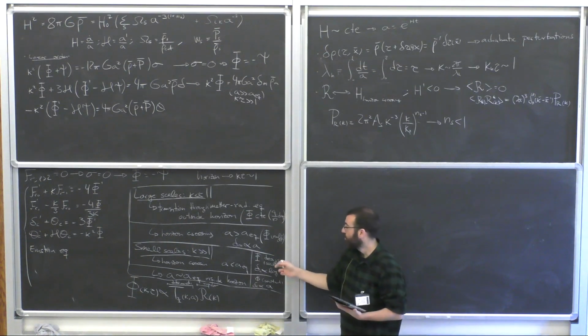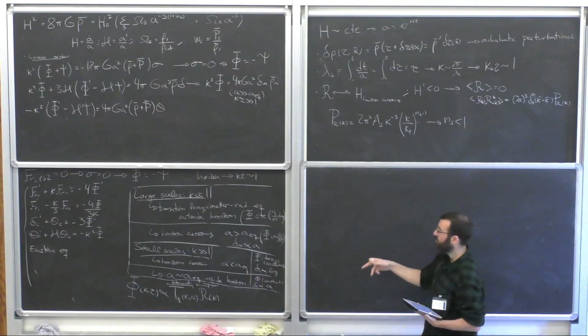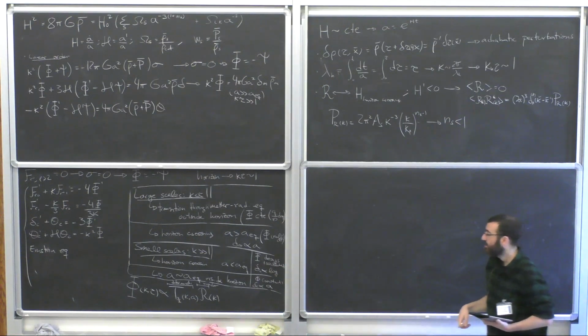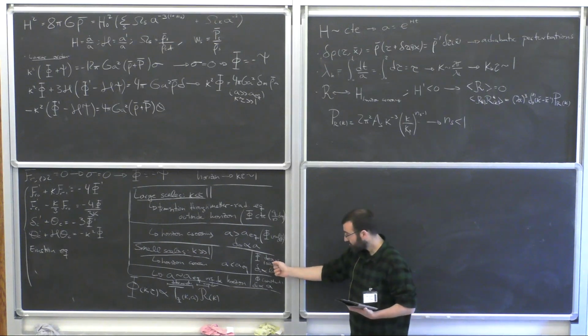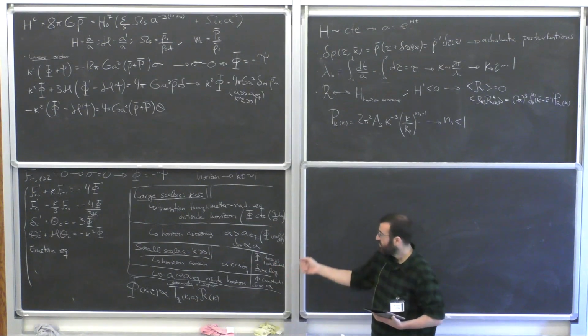But for modes that crossed and entered the horizon before matter radiation equality, there has been a strong decay in the gravitational potential.